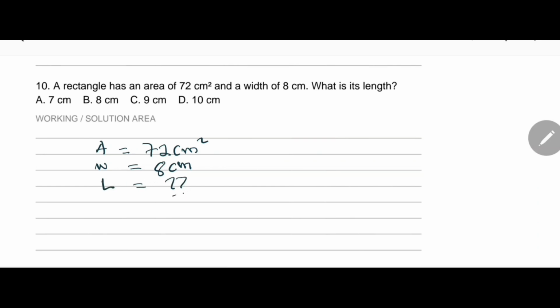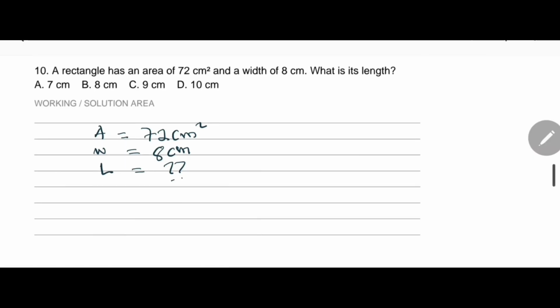So how do we find the length? You have to find the length by writing the formula for the area of a rectangle. The formula for the area of a rectangle is area is equal to length times width. Do you understand? Now we have been given the area, 72 centimeters squared.